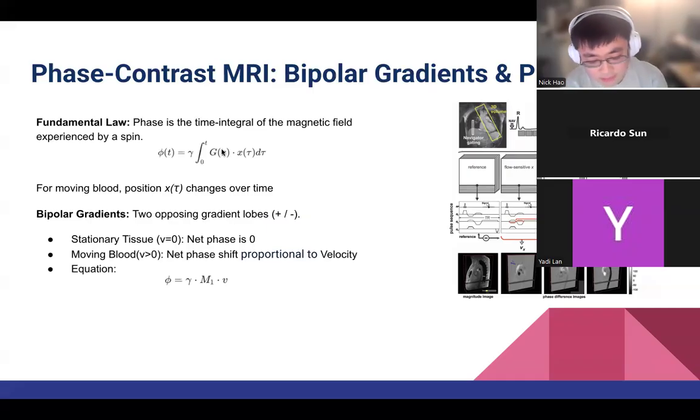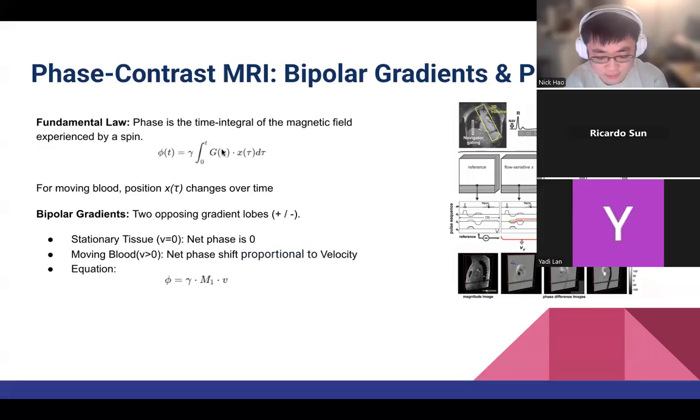For a moving spin, like blood, position x(t) is changing over time. To capture this motion, we apply a bipolar gradient, a positive lobe followed by a negative lobe. For stationary tissue, the position is constant, so the second lobe perfectly cancels the first one. The net phase is zero.